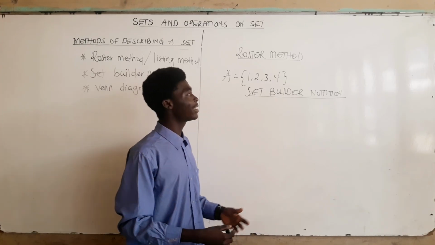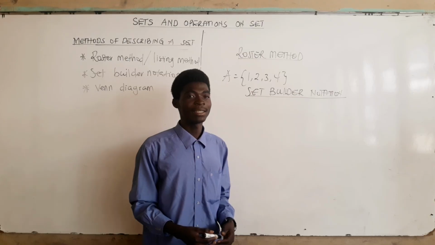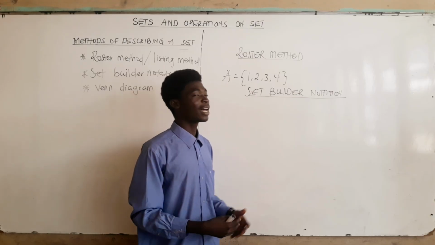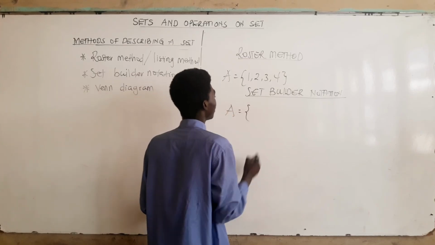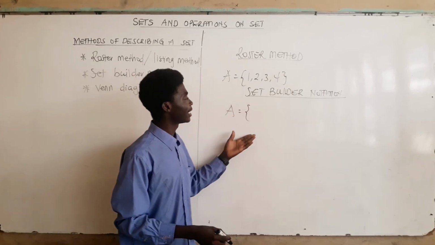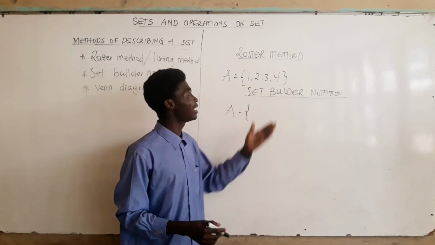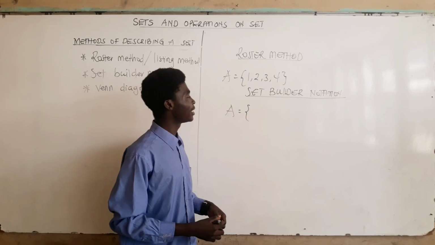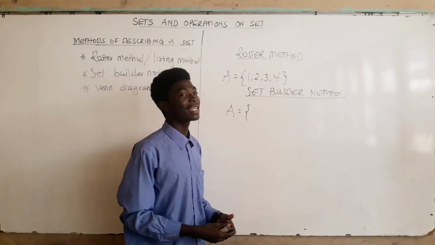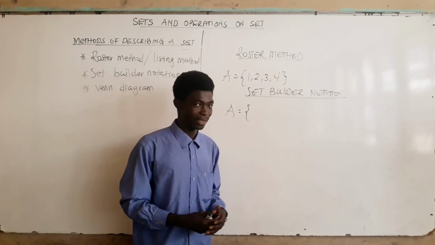To represent sets using set builder notation, please take note of this. Let's say set A contains these elements, but you are not going to list the elements as I did for the roster method. With set builder notation, the elements are described by the property that characterizes them.